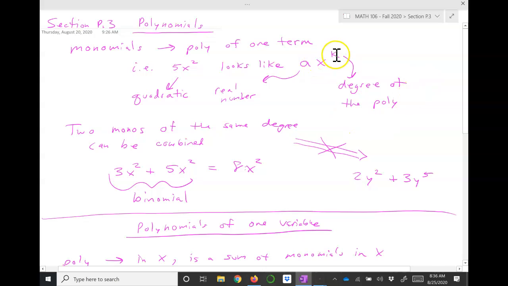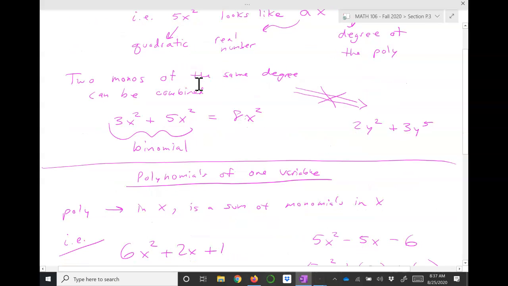So if k was equal to 2, like in my example of 5x squared, we would say that's a second degree polynomial. Sometimes certain degree polynomials have nicknames, right? So we call a second degree polynomial a quadratic. When you take two monomials of the same degree and combine them, in this case 3x squared plus 5x squared, that would be a binomial if we're adding two monomials together.